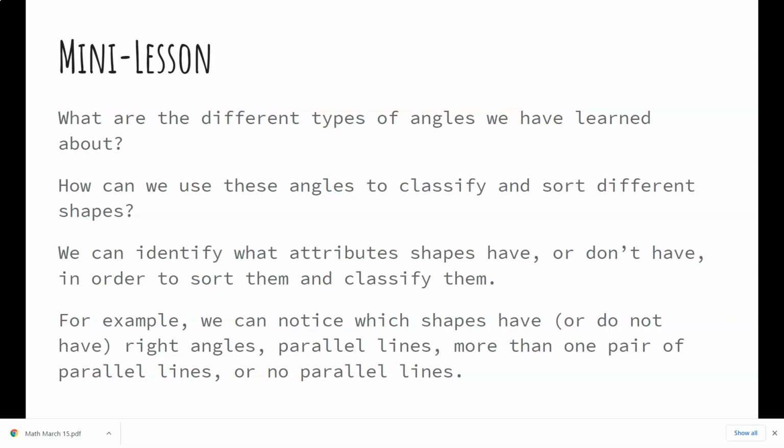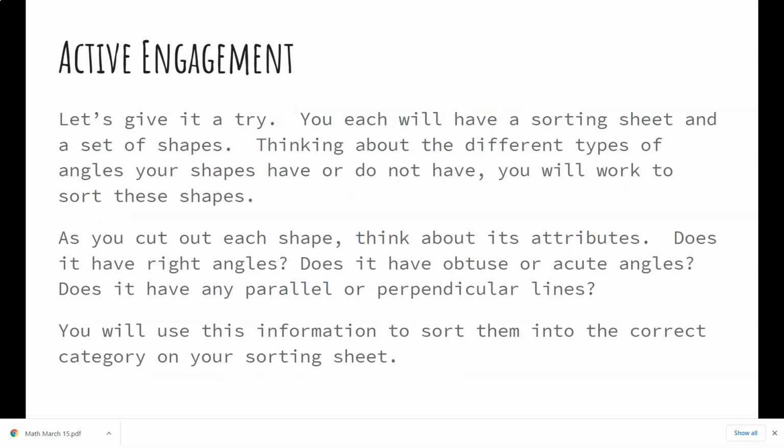If you think of a square, all of those angles would be where lines are intersecting and are perpendicular. So we can notice if shapes have parallel lines or they don't. They have perpendicular lines or they don't. They have right angles or they don't, and the same with acute or obtuse. Either they have them or they don't.